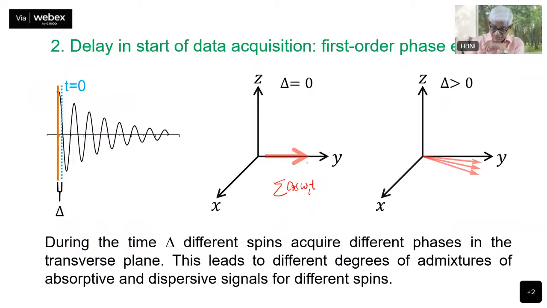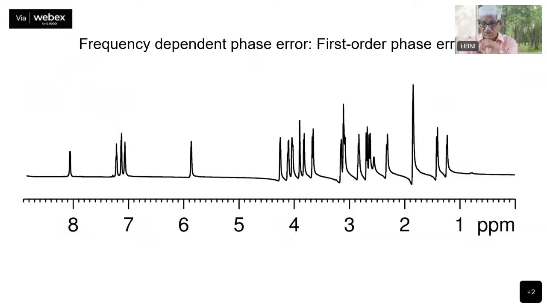During the time delta, different spins acquire different phases in the transverse plane. This leads to different degrees of admixtures of absorptive and dispersive signals for different spins. As I said in the previous case, if all of them acquire the same phase, there is a phase error, but it is the same for all of them. Here they acquire different phases. Therefore, this becomes a frequency-dependent phase error, and that is called the first-order phase error.